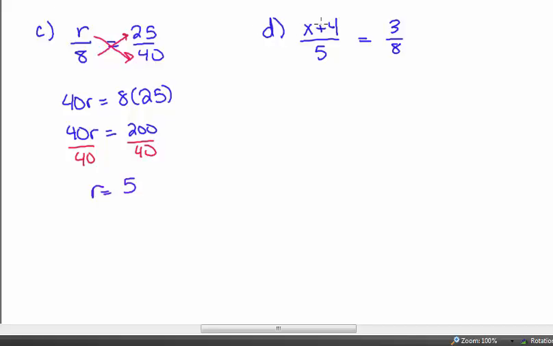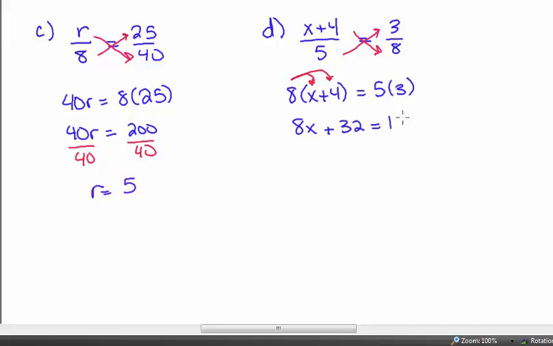Here I have some addition again, so when I cross multiply I have to remember to distribute. And I get 8 times x plus 4 is equal to 5 times 3. So 8x, again, don't forget to distribute. 8x plus 32 is equal to 15.